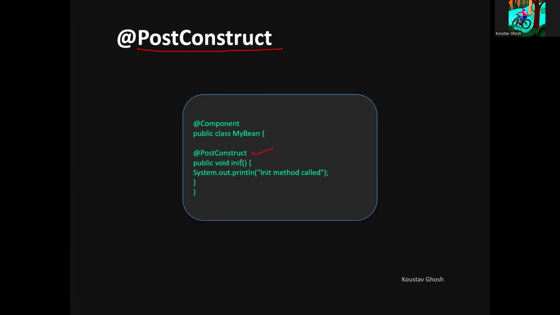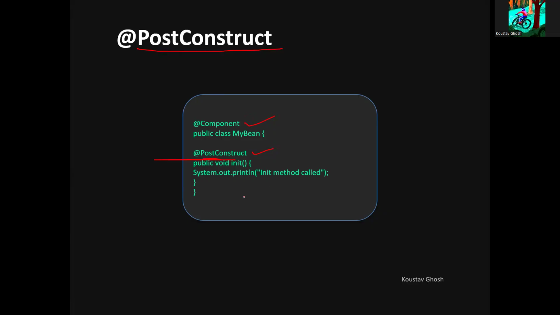As you can see in this code, we have a simple component class and inside it a method annotated with @PostConstruct. This method will automatically run once the bean is fully initialized.